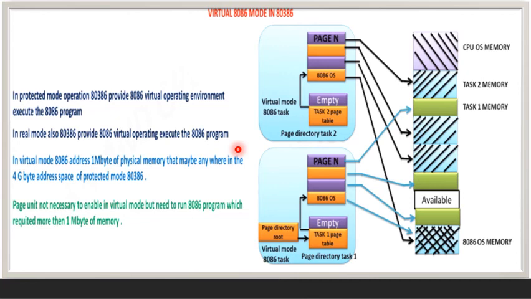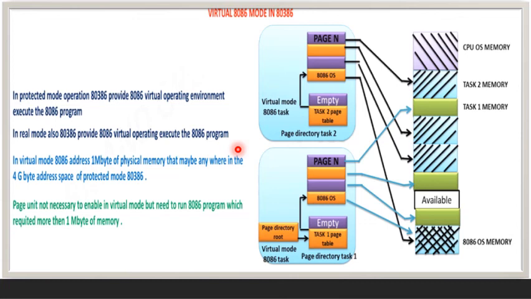During protected mode operation, the 80386 processor provides a virtual 8086 operating environment to execute application programs of 8086. Therefore, the virtual mode operation of 80386 provides the advantage of executing 8086 programs, although the 80386 processor is in protected mode.